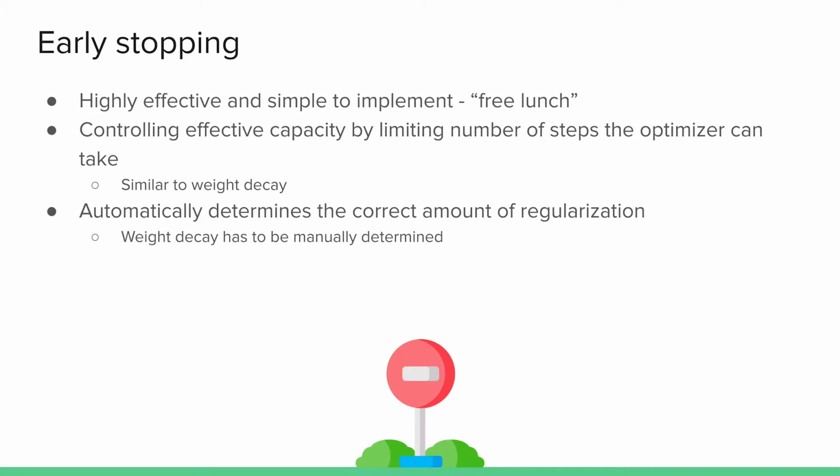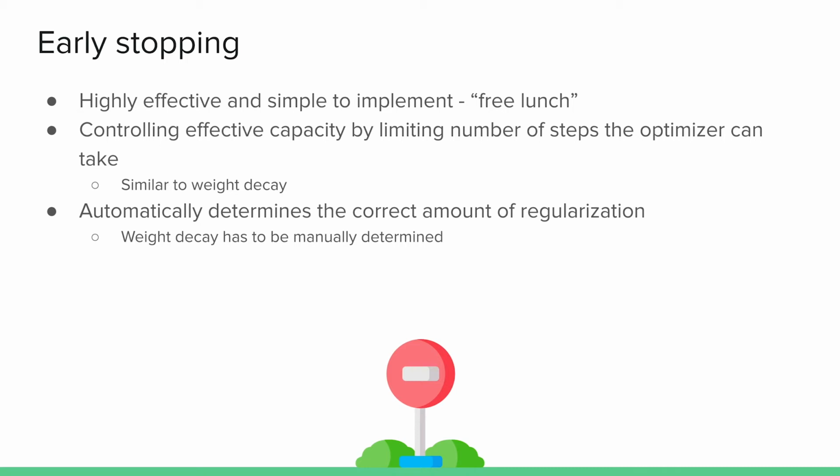The effect of early stopping is that we control the effective capacity by limiting the number of steps the optimizer can take. Weight decay does a similar thing. If our weights decay towards zero, we are limited in the number of steps that we can take in our network. If we take too many steps with too high a weight decay, all of our weights will be just zero.